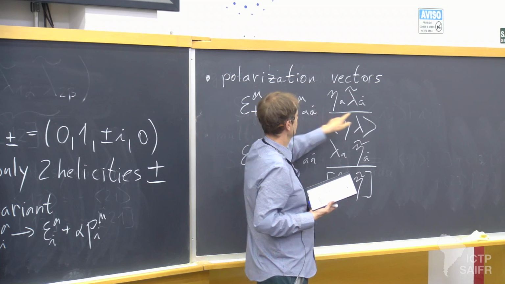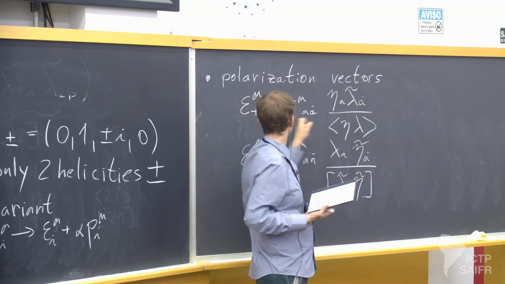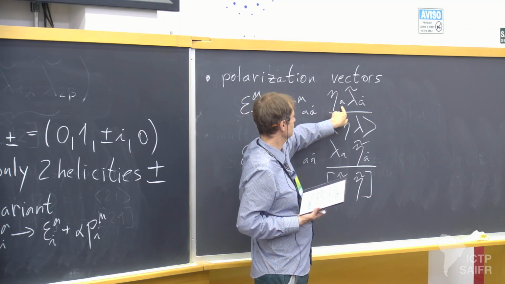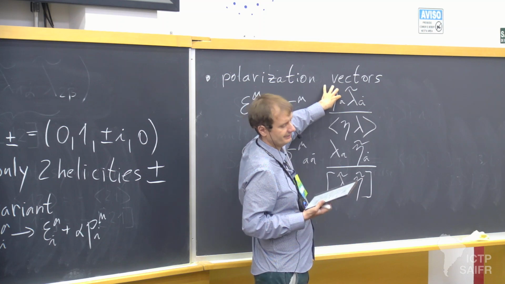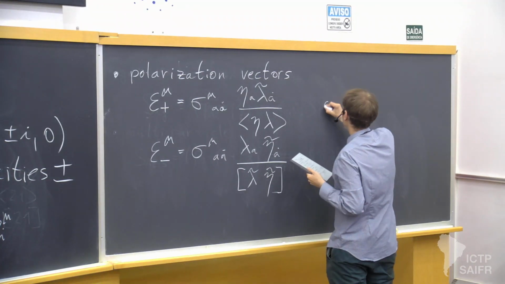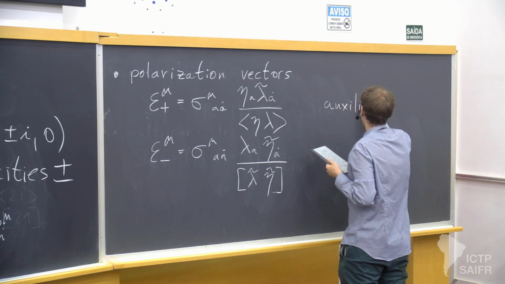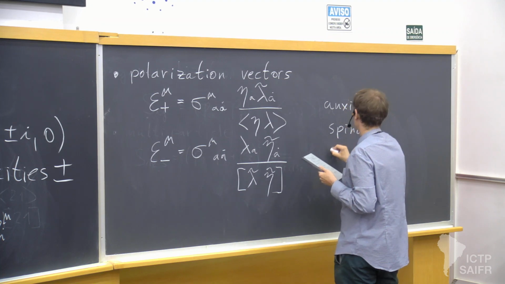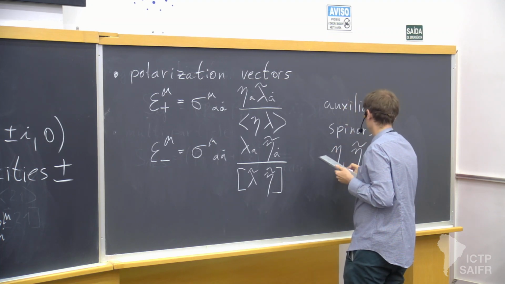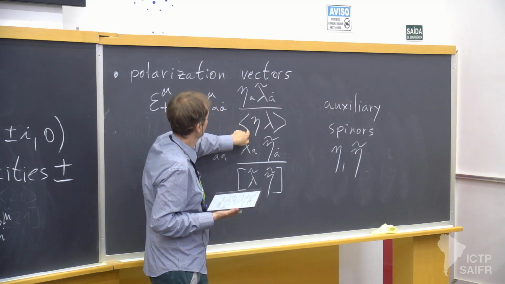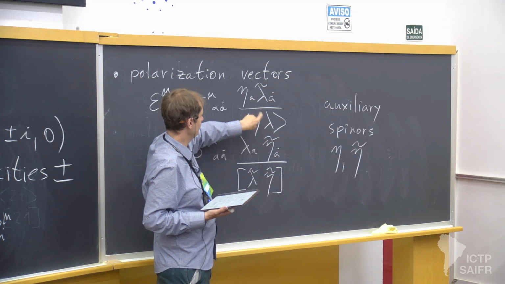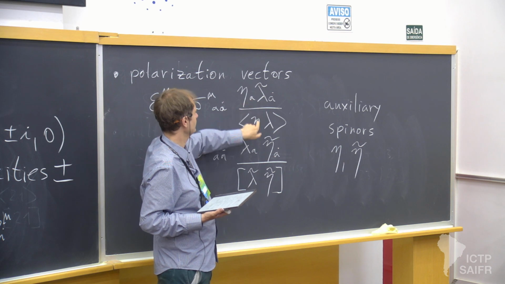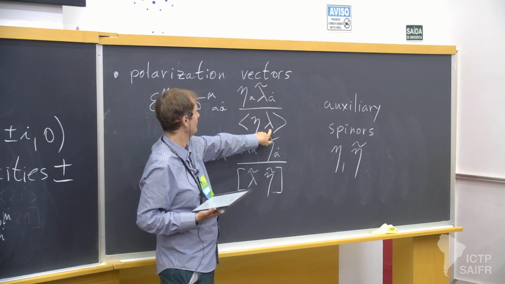For the plus helicity, the A dot index is carried by lambda tilde of the particle for which we write the polarization vector, and the A index is carried by some auxiliary spinor. Then we divide by the angle bracket, which is a contraction of this auxiliary spinor with the lambda of that particle.